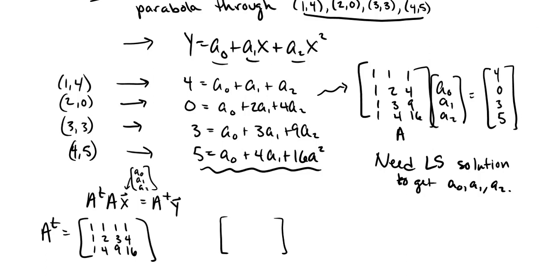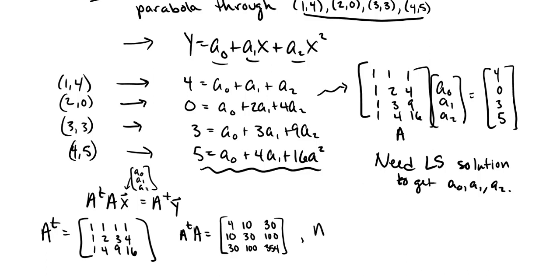I'll do this on the side. And when I do this, I get A transpose A happens to equal 4, 10, 30, 10, 30, 100, and 30, 100, 354.